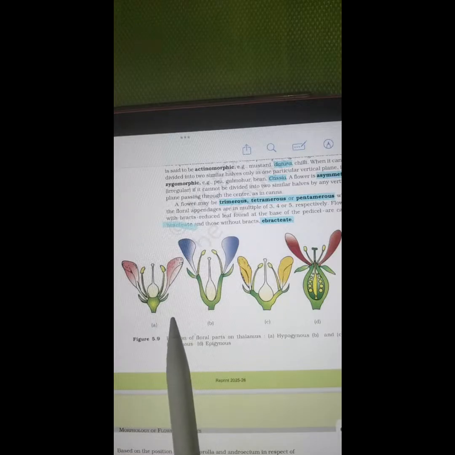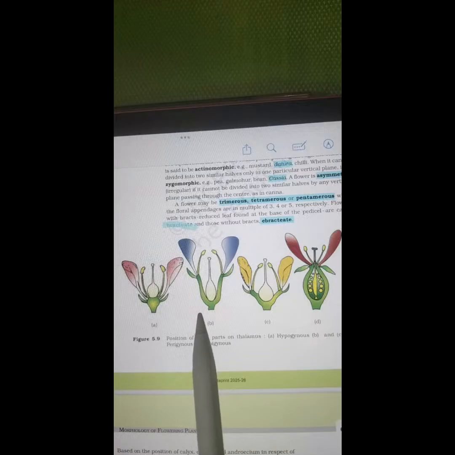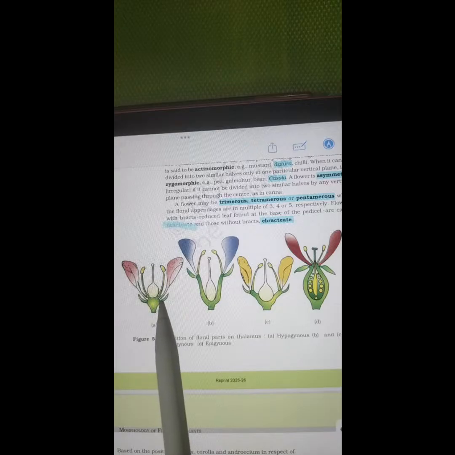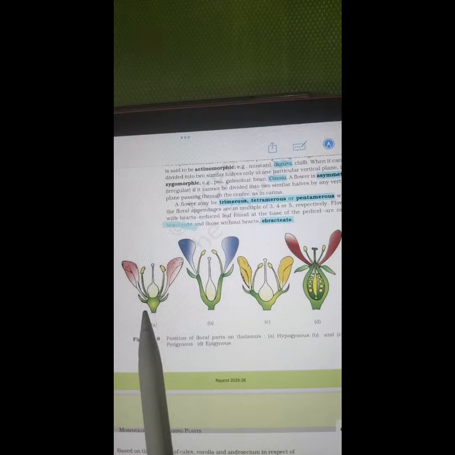So in case the ovary, which is the innermost whorl or gynoecium, is at the top and other whorls are emerging on the outer side, see, the ovary is at the top and the other whorls are beneath it. Then the position of the ovary is known as superior. For the superior ovary, we need to use the word hypogynous.